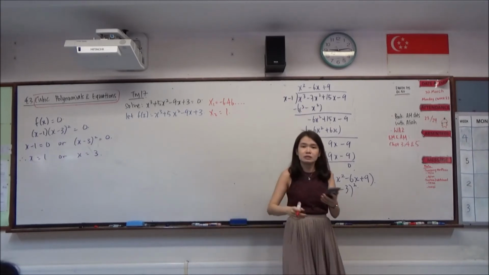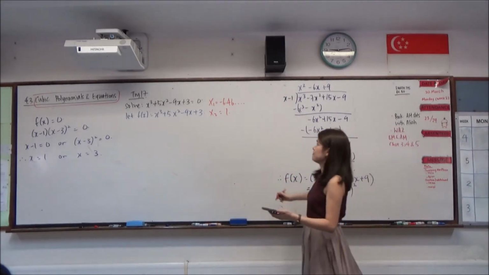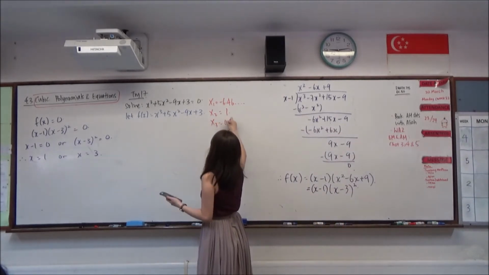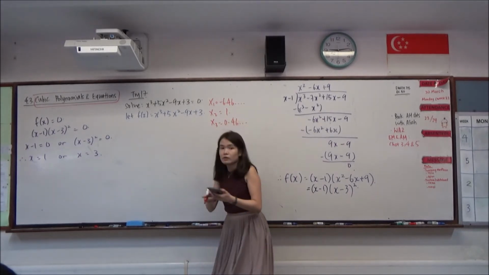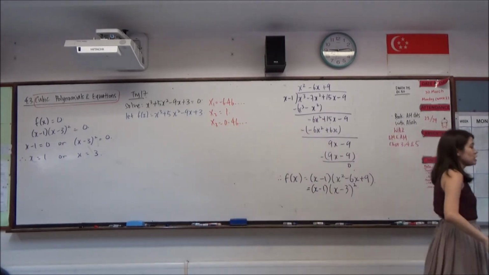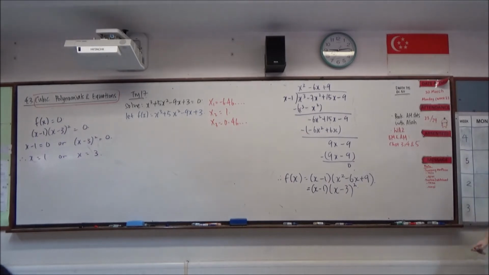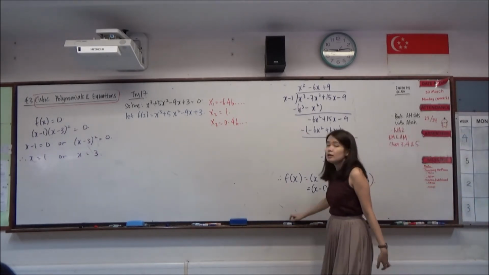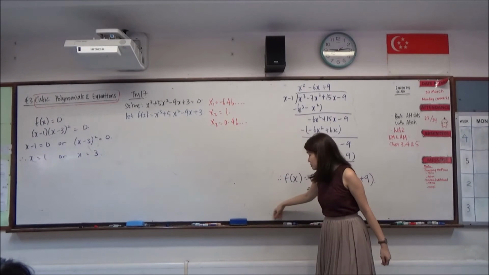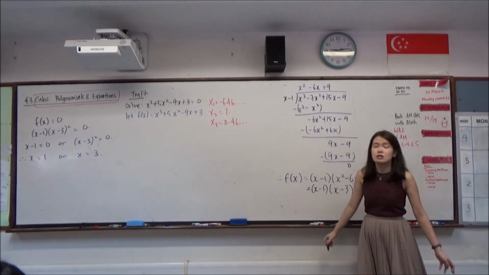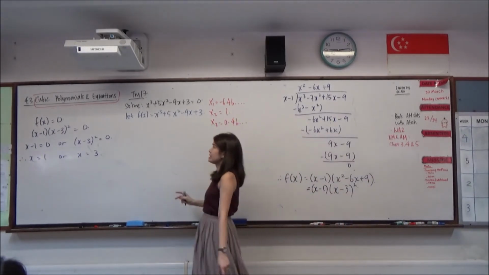Anything else? 0.46. Surely when we're given these three options, we will not want to choose the decimal, because it is not helpful in helping us decide what the linear factor is. So that's why we always stick with the integer.